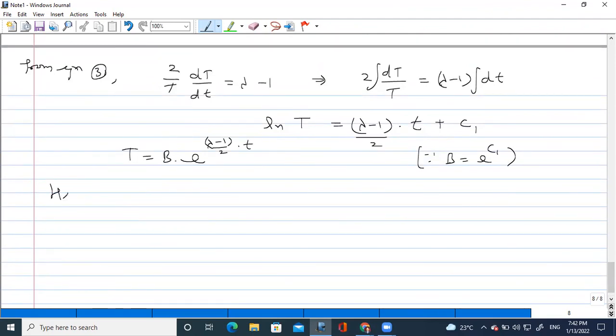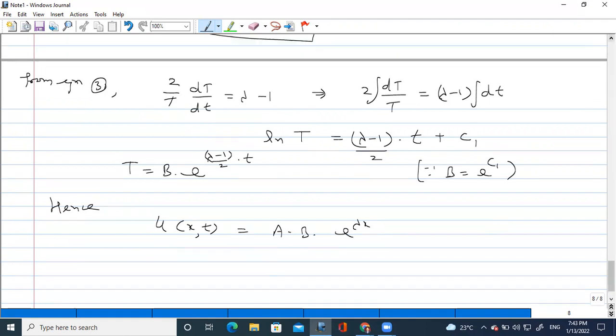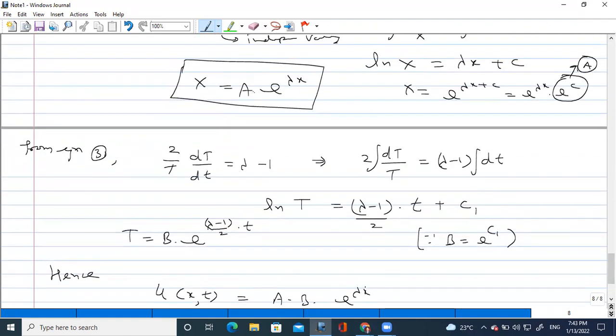Now hence your solution u(x,t) will be equal to A into B into e to the power lambda x, this value, into e to the power lambda minus 1 divided by 2 into t.